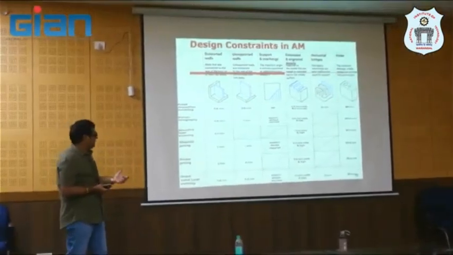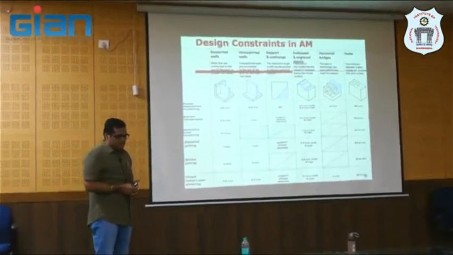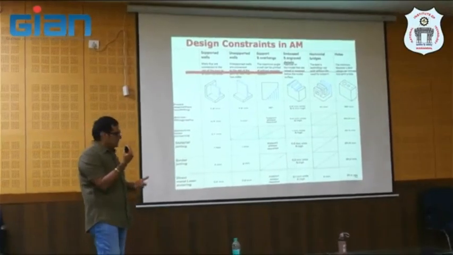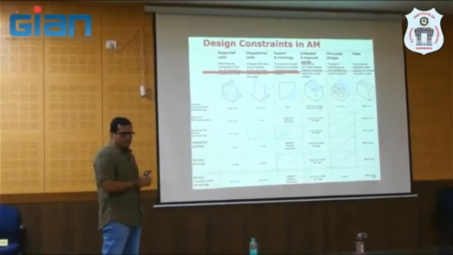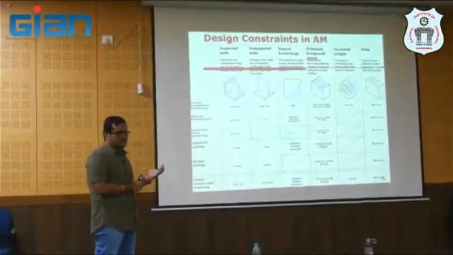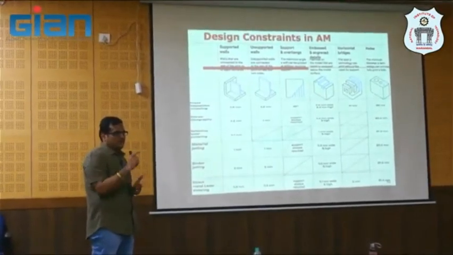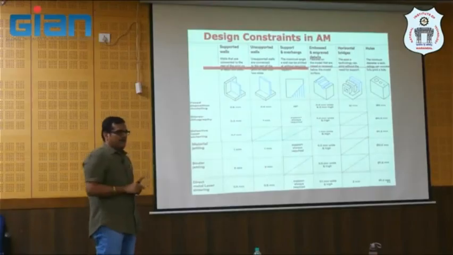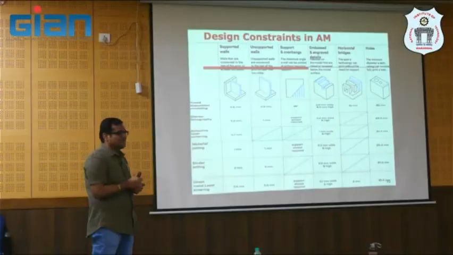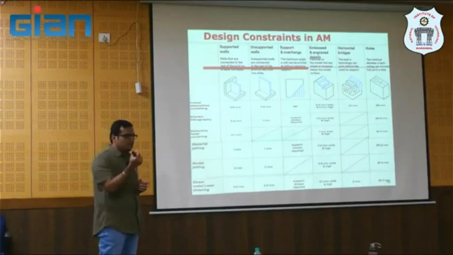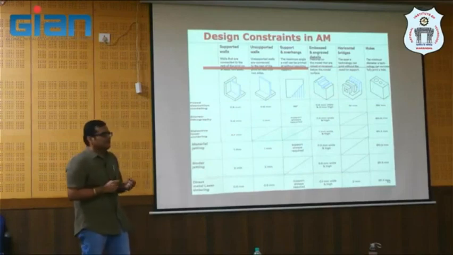So if you see an extrusion based system, yes, you have a nozzle. The nozzle has some diameter, right? But in a VAT system like stereolithography, you have a light, right? So the energy source is light, and you have what could be the spot size of the light, or like selective laser sintering, again you have the laser, what could be the laser spot size.